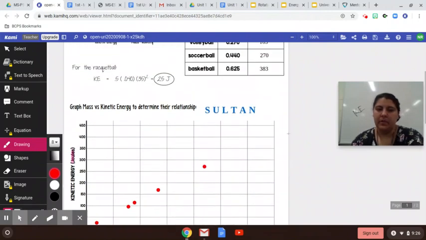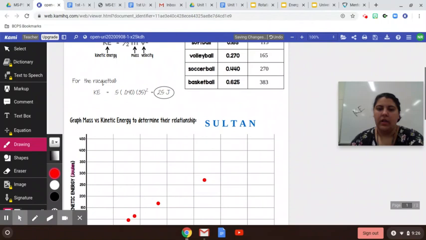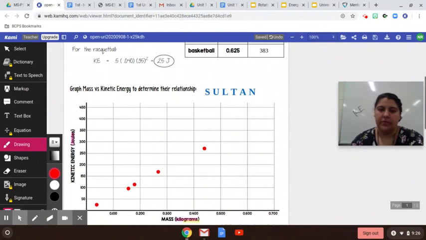Okay. And then the last one, the basketball, okay, it has a mass of 0.625 and 383 joules of energy. So 0.625. So here's 0.6. This is 0.65. 0.625 is going to be right about here. And 383.